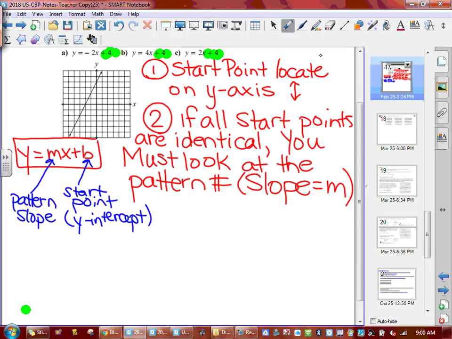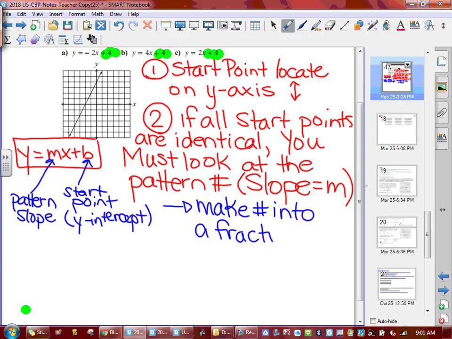So, in order to look at the slope pattern number, what do we do? Well, first thing we do is make the number into a fraction.